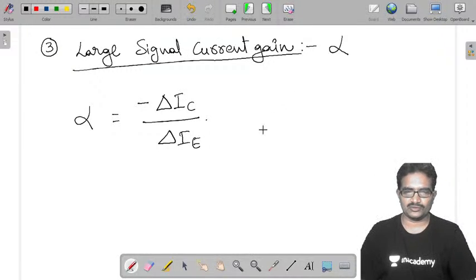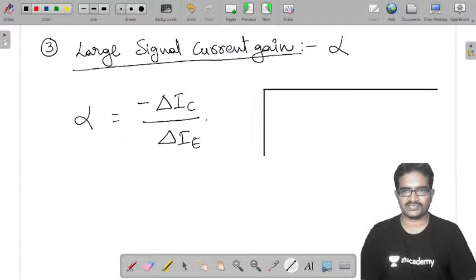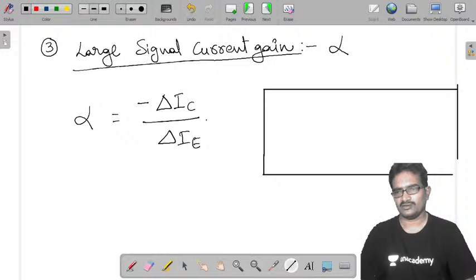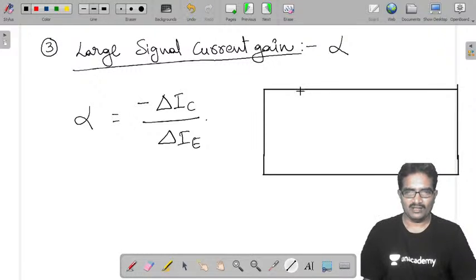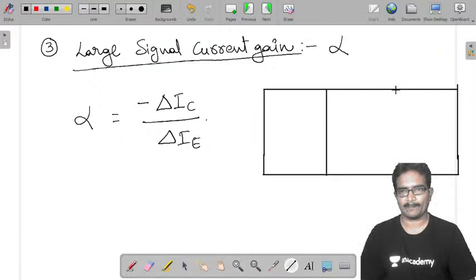Now I am going to represent the equations what you derived previously from step 1 and step 2. Whatever the equations we derived, I am placing all these at one point. This is the type of current, emitter current or collector current. Okay, so here I am writing collector current and here I am writing emitter current.